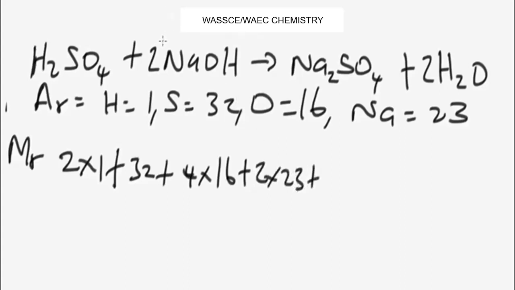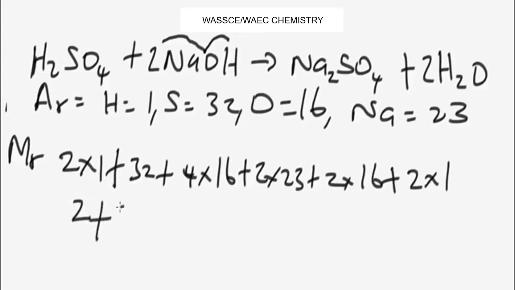Now remember that this 2 is also affecting both oxygen here and hydrogen here. So oxygen has plus 2 times 16, plus 2 times 1, we have times 1. Now when you break this down, I'm going to have 2 times 1, that's 2, plus 32, plus 16 times 4 is going to give us 64.